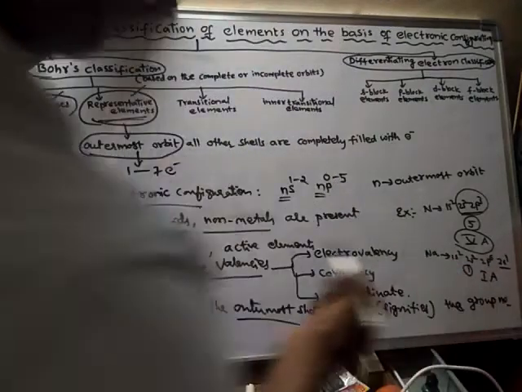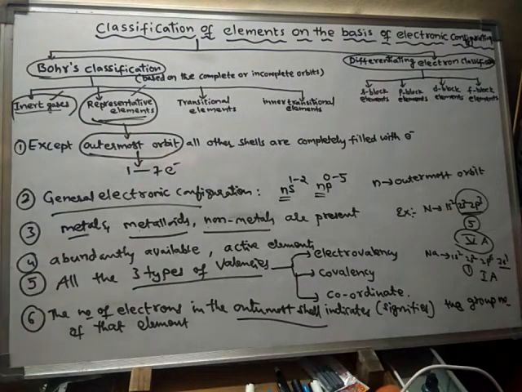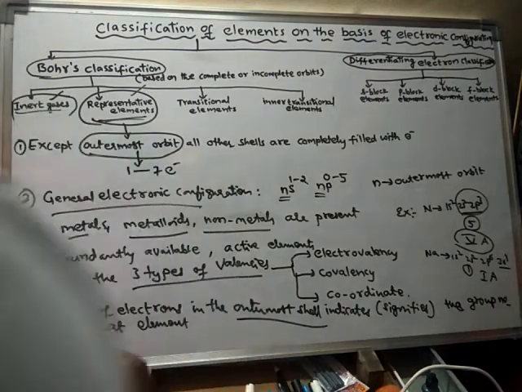Hence, as it has only one electron, it is said to be a first A group element. So based on the number of electrons in the outermost shell, the group number of these elements can be told. These are the most important points related to representative elements.